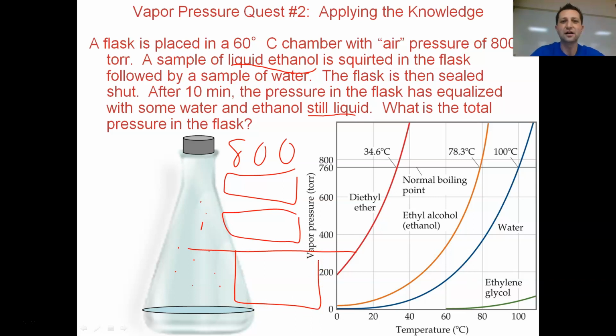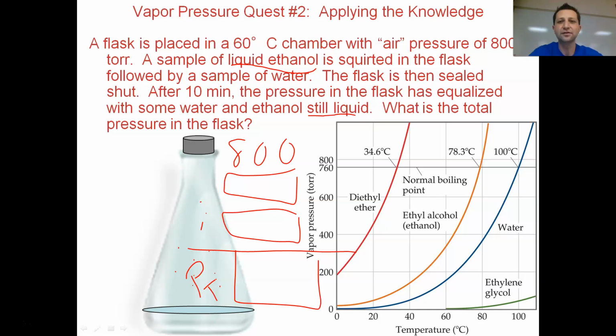This is Dalton's law of partial pressures, if we remember that at all from Chem 1. So the total pressure, P total, is the pressure of gas number 1 plus the partial pressure of gas number 2, partial pressure of gas number 3, and so on and so on.